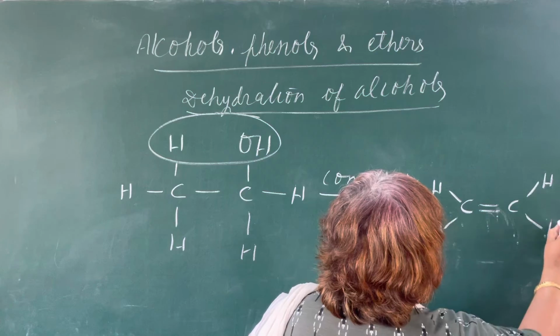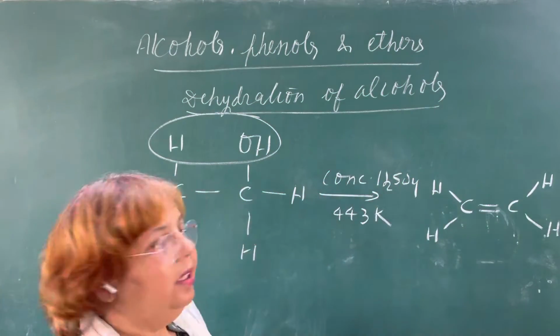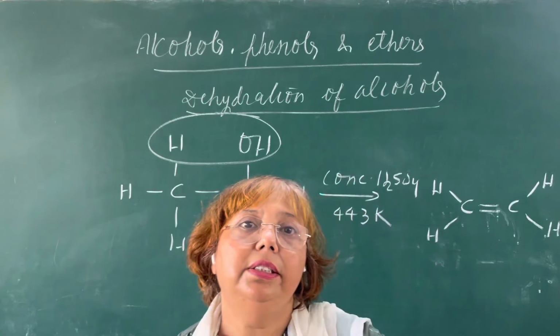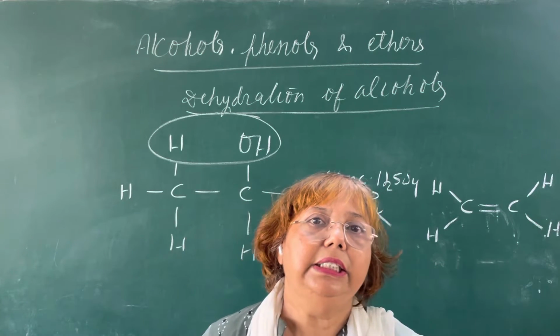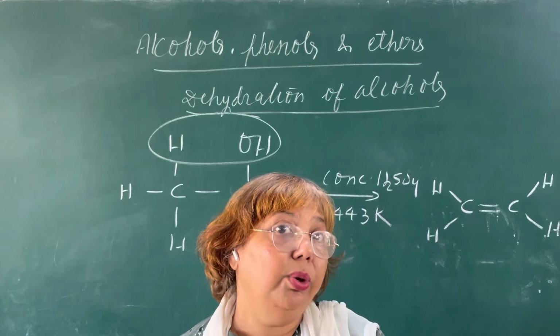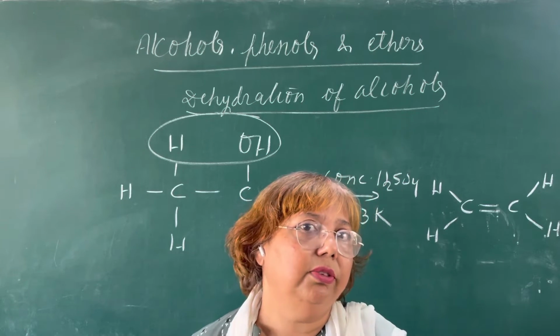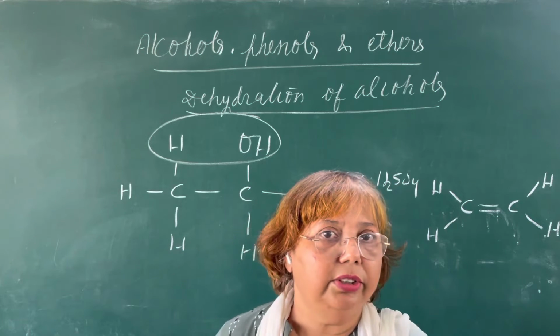All alcohols undergo dehydration, but the rate of reactivity of alcohols is a 1 degree alcohol is least reactive towards dehydration, followed by 2 degree, followed by 3 degree. 3 degree is the most reactive alcohol towards dehydration.